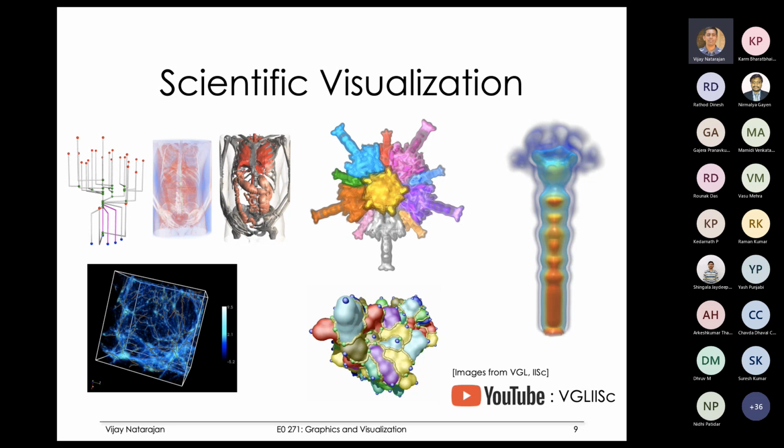So data visualization plays an important role in almost all science and engineering disciplines, be it on the lower bottom left, the cosmology, or the top left, the medicine, the study of anatomy, or the middle pictures, in biology, the study of virus, or on the right, this is actually a visualization of a fuel in a rocket chamber.